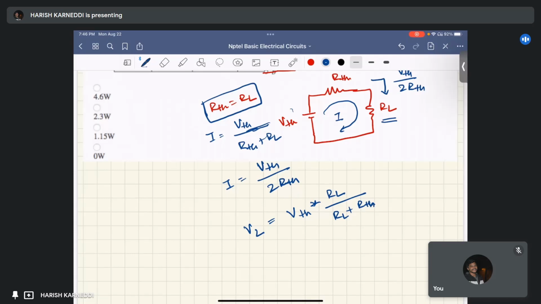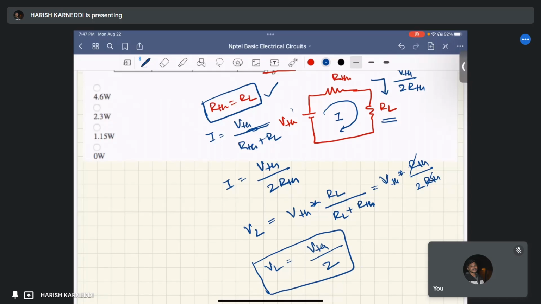You can replace this RL with RTH from the maximum power transfer theorem condition. That equals VTH into RTH by 2 RTH. This RTH and RTH will be cancelled, and, sorry, here it is not VL, it is VTH. Yeah. Now the VL equals VTH by 2, right?